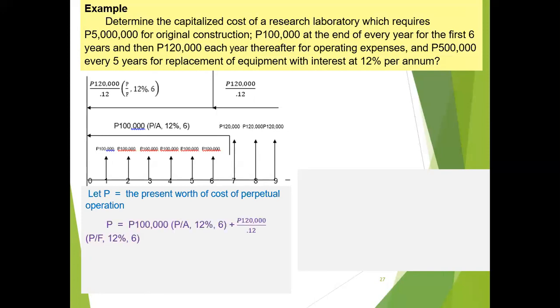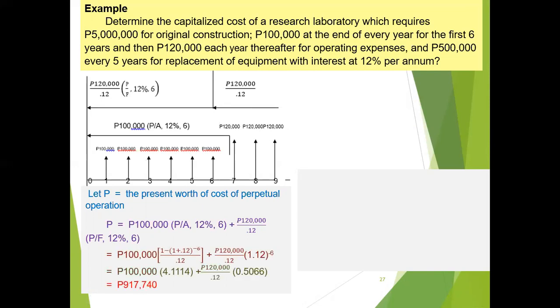So you have P equal to 100,000, a simple ordinary annuity. And then we have the deferred annuity, where we use the perpetuity formula for the present value of our 120,000. So our present worth of our cost of perpetual operation is 917,740 pesos.